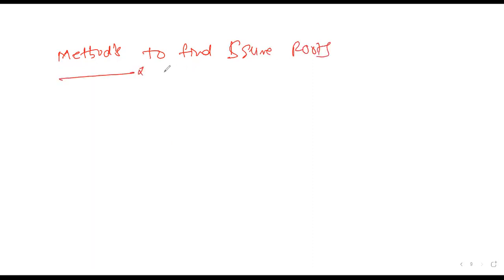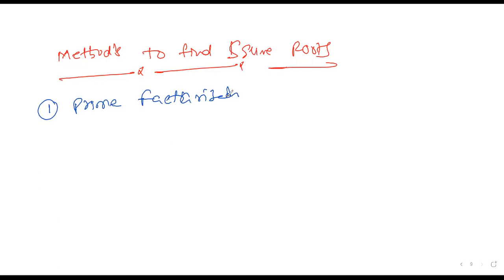Methods to find square roots. Clear? There are methods to find the square roots. Number one is the prime factorization method.